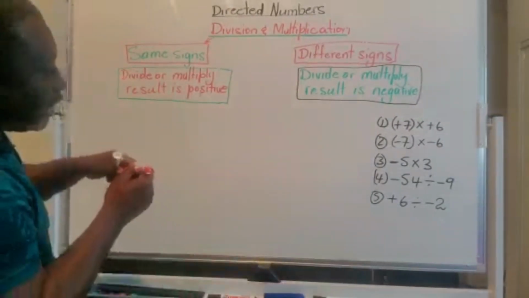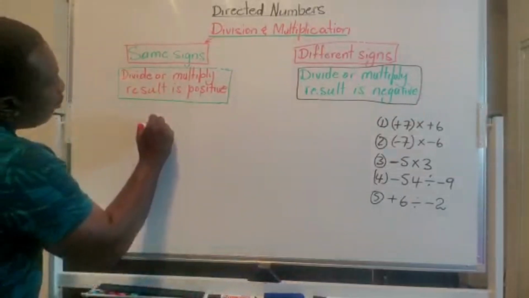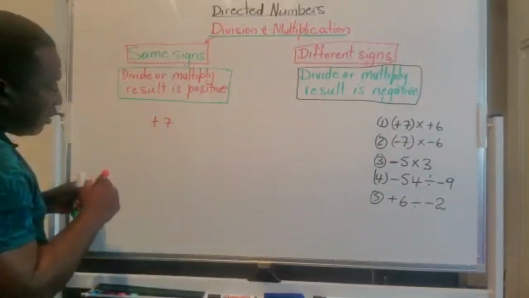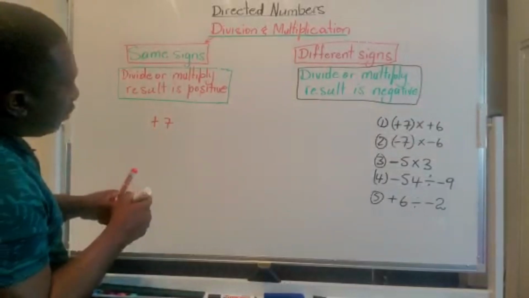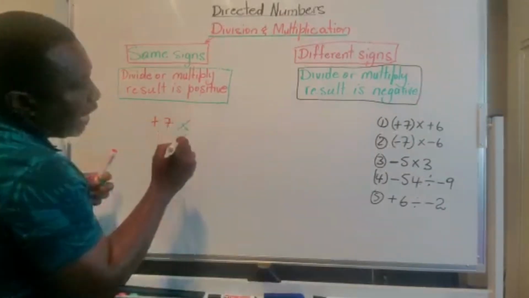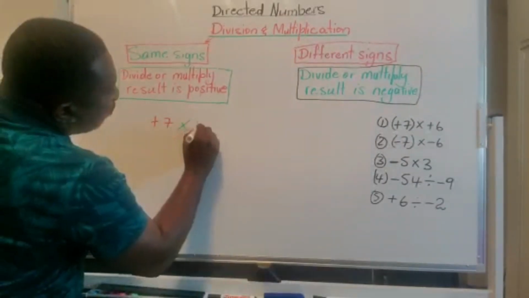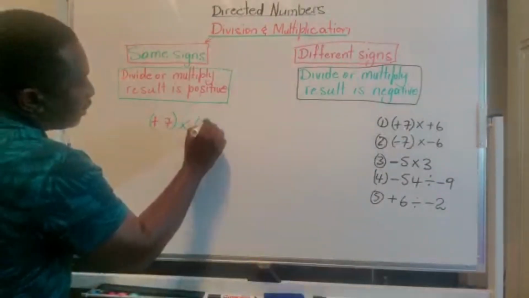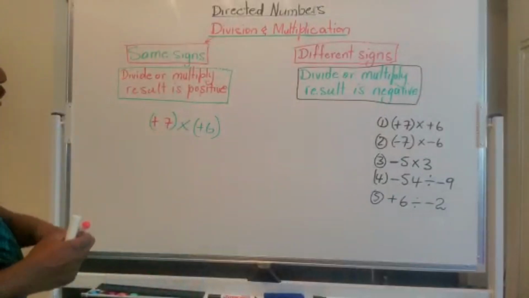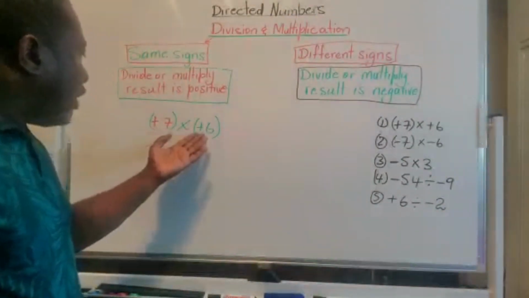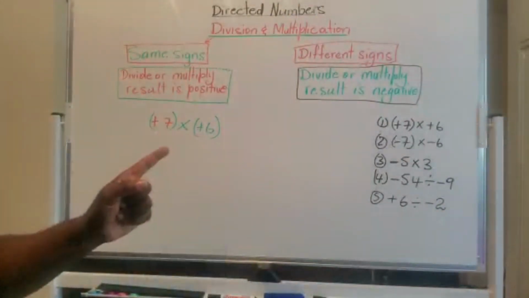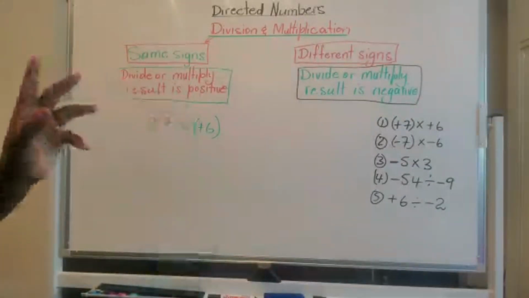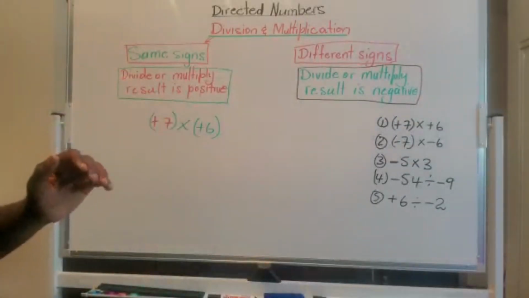First one there is a positive 7 multiplied by positive 6. Let's use some brackets here. So we are going to be looking, are the signs the same? Yes. We are working with two positive numbers.